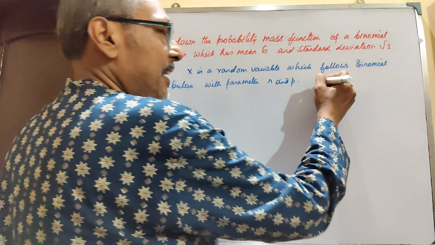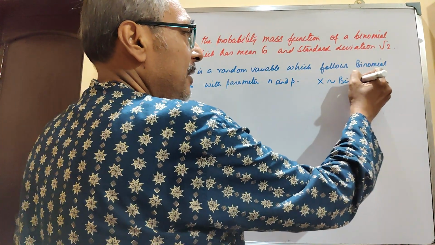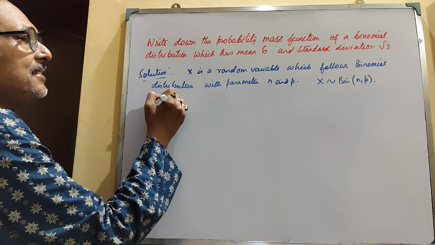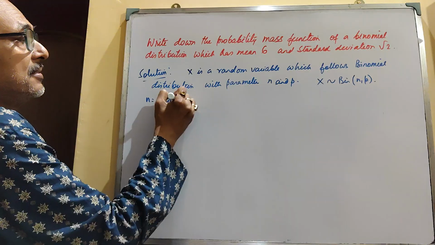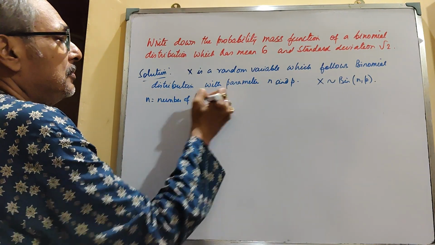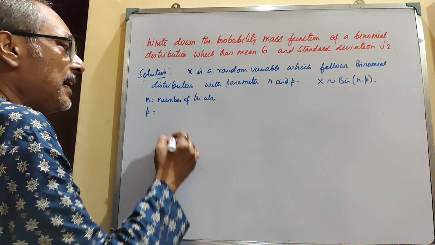This can be written symbolically as X follows binomial (n, p). Now what is n? n is the number of trials and p is the probability of success.